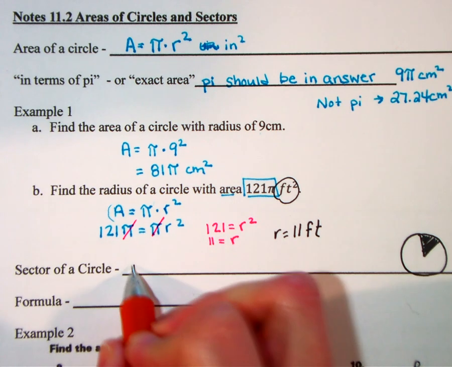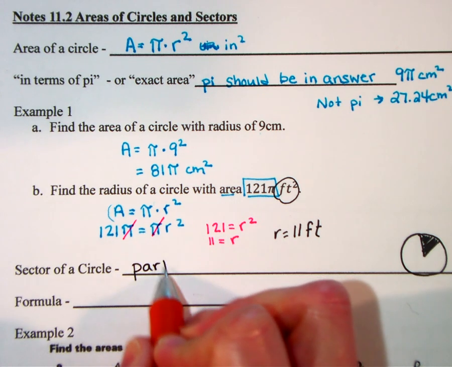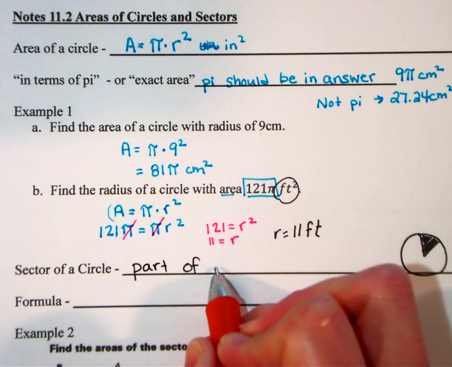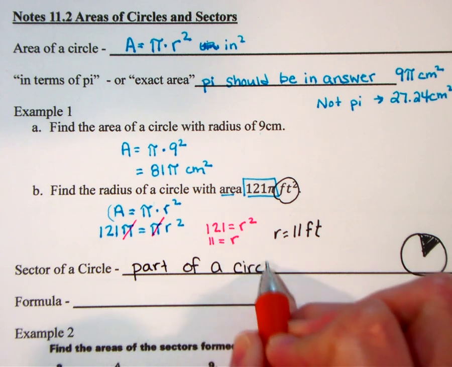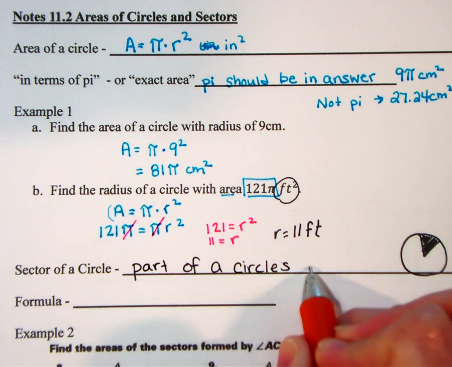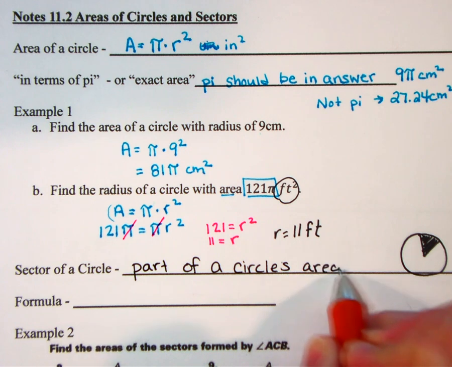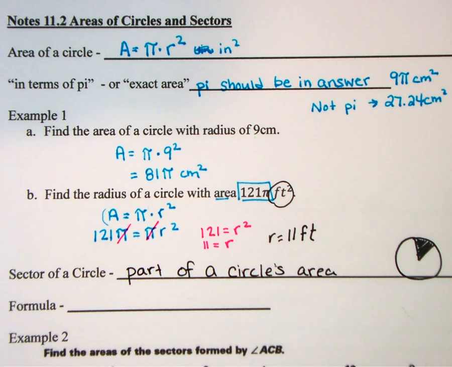Okay, so it is part of a circle. And more importantly, it's a very specific fraction of a part. It's as simplified as we can write the definition, but it's a very specific part.